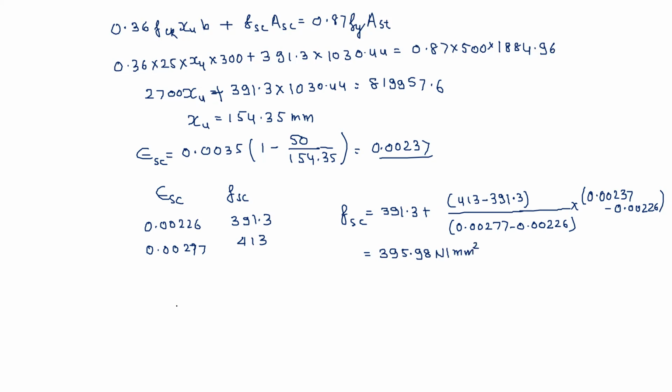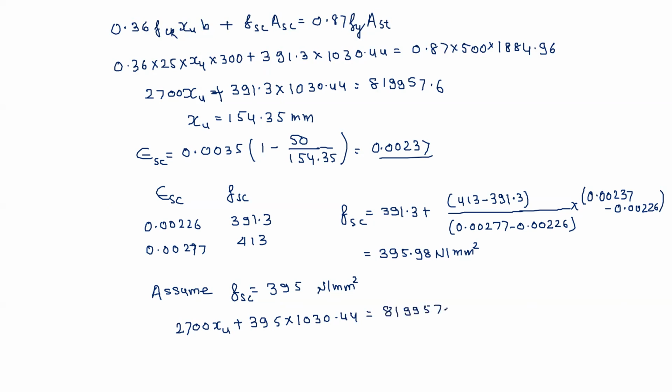Now we assume a value of FSC close to it. So we assume FSC equal to 395 Newton per mm square. And now again we find Xu. The first part is 2700 Xu plus, now it becomes, 395 into 1030.44, equal to the right side, which remains as it is, no change.